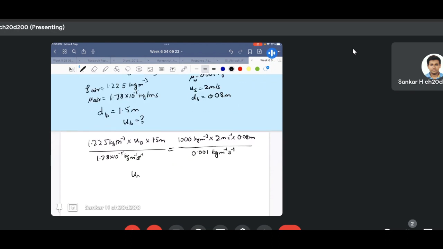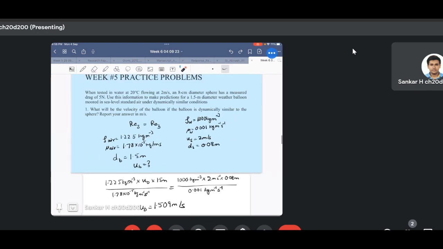Therefore, you will get the velocity of the weather balloon to be roughly equal to 1.509 meters per second. So this is the velocity of the weather balloon when it is dynamically similar to that of the sphere.